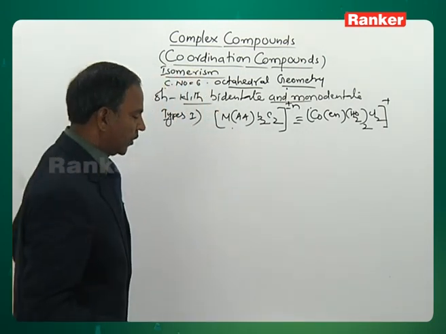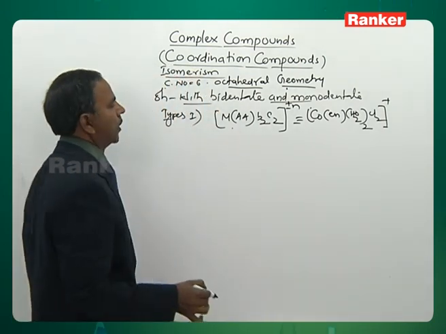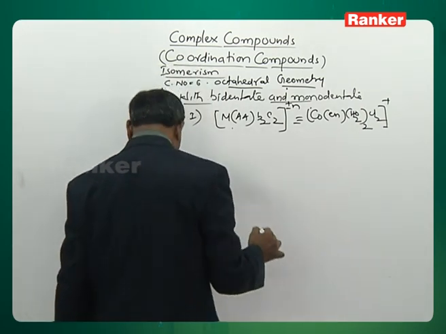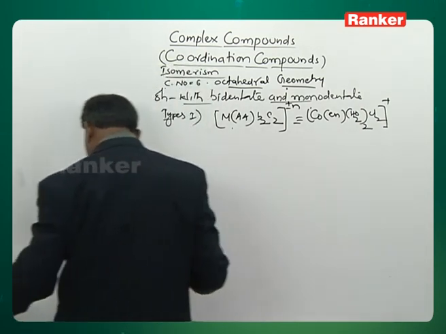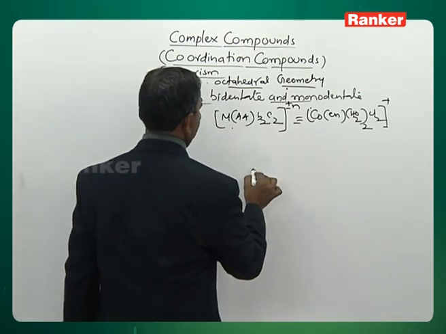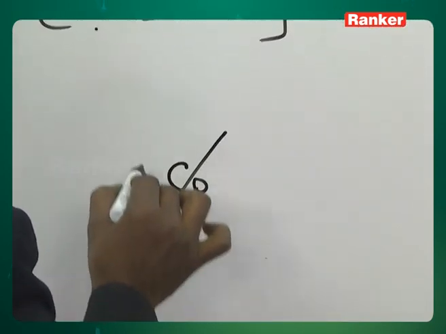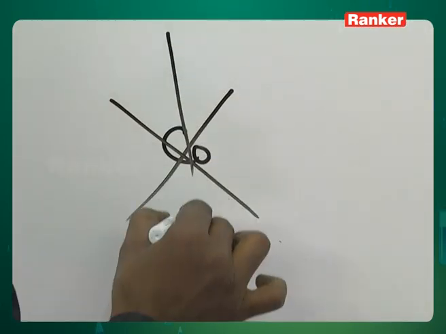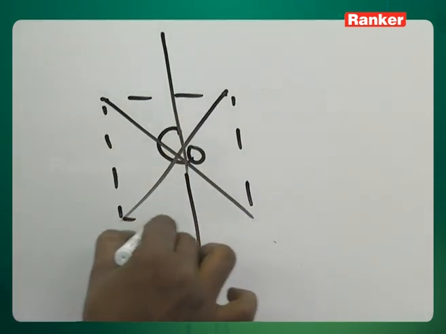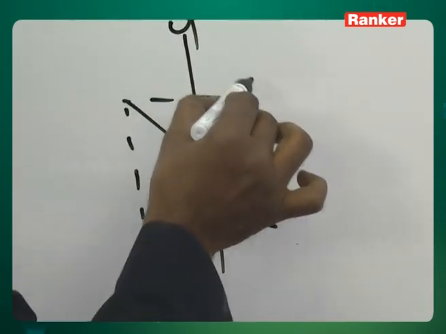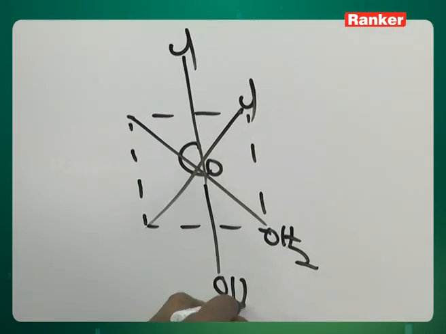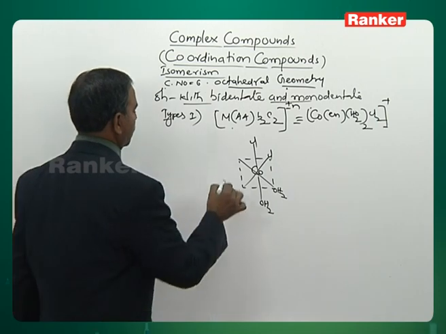This is B2C2 type. Let us write one cis complex for this. The monodentate ligands I keep in cis positions.